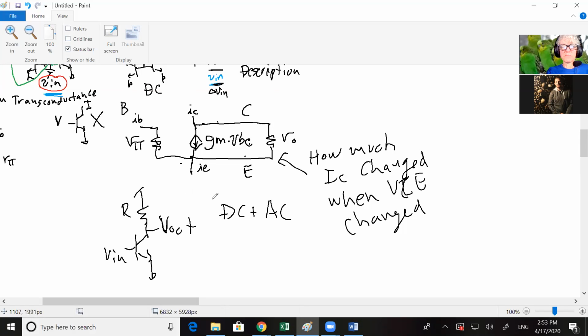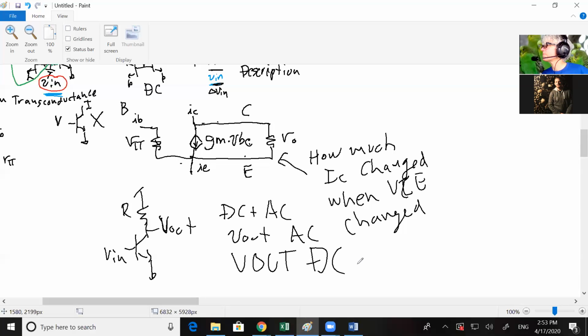If you just have lowercase, that's just the AC part of the signal. If you just have uppercase, that's the DC part of the signal. It's a convention in many textbooks, but not all textbooks. This would be B and then lowercase.